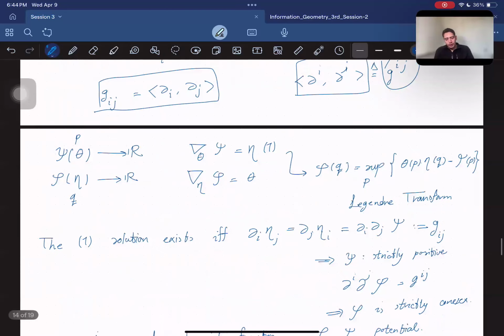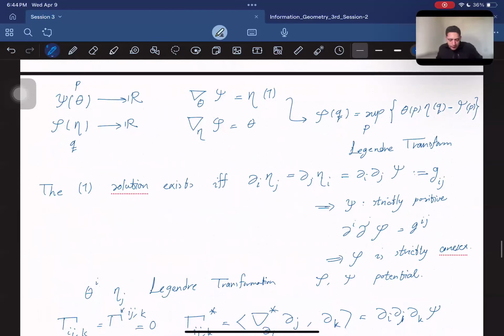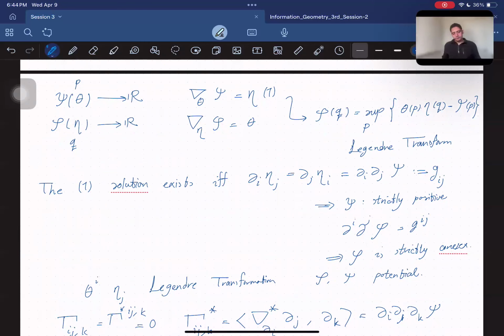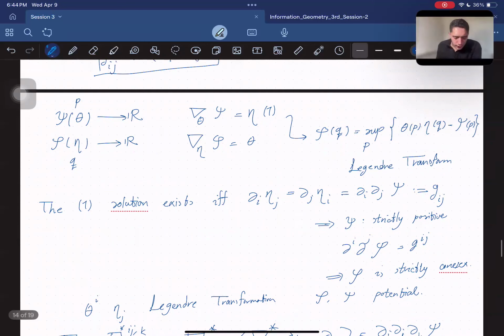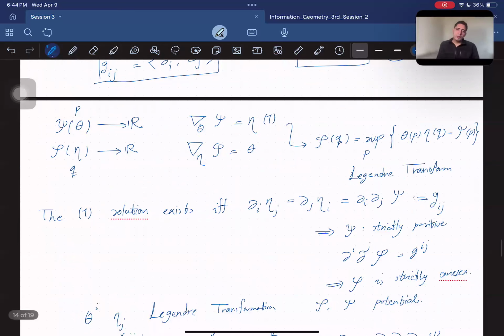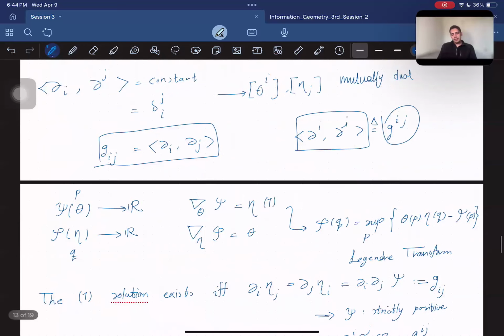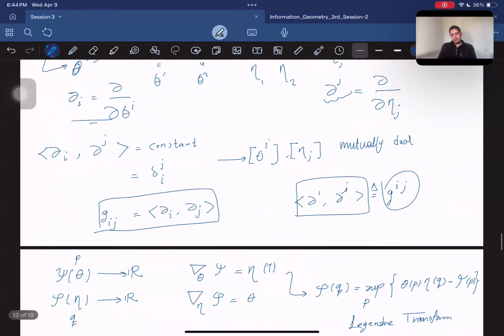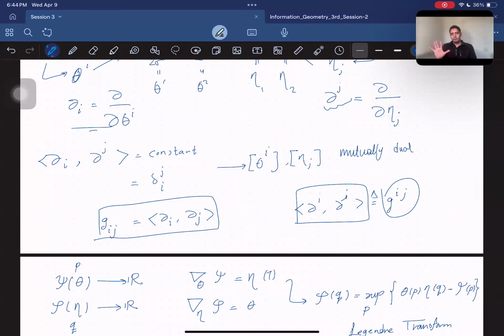Now here is where things get really interesting. Consider I want to represent the second coordinate system, eta, with respect to the first coordinate system, theta.